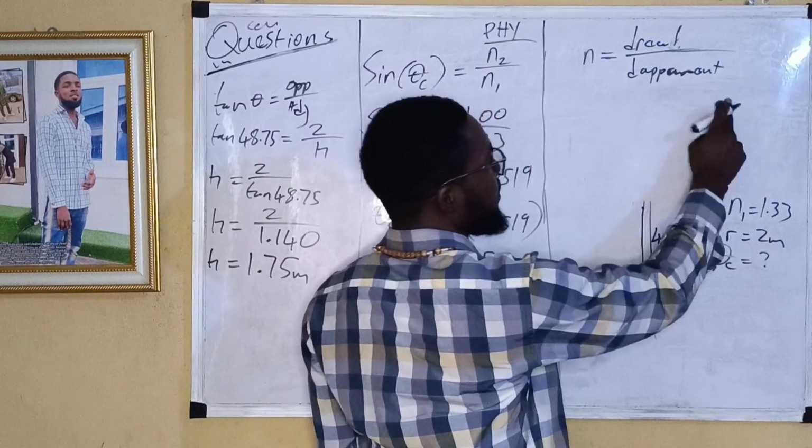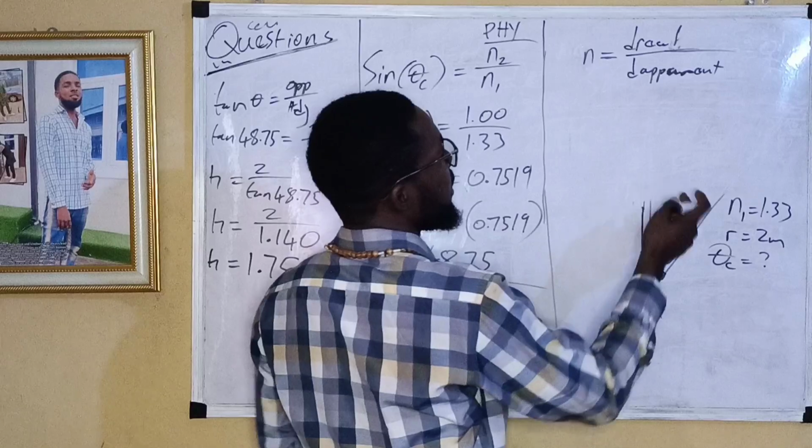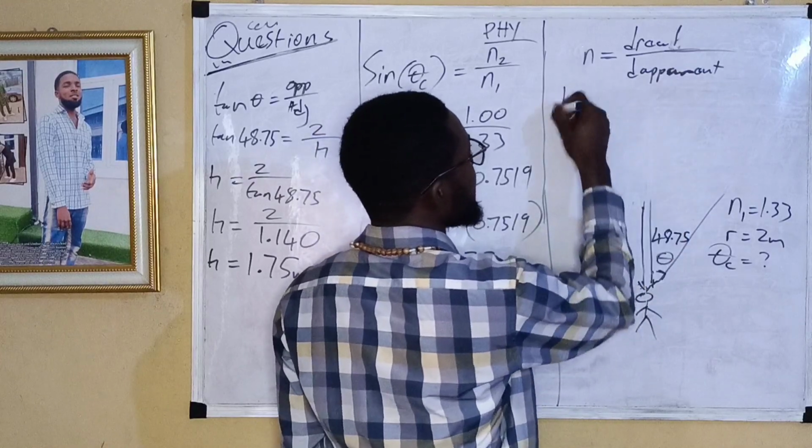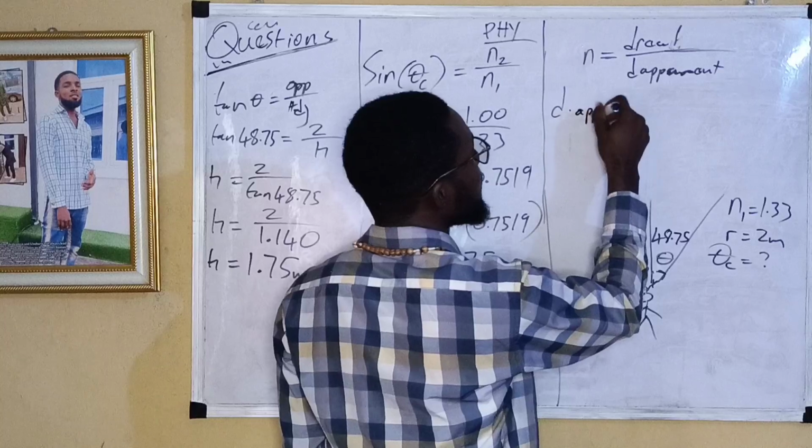So we are looking for the apparent depth. We already have the real depth. Let's look for the apparent depth.